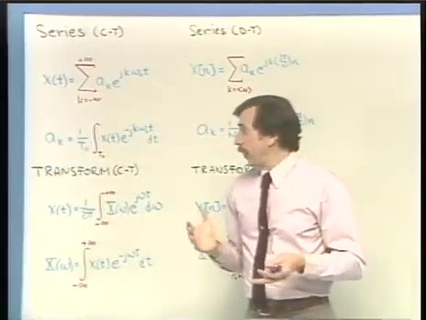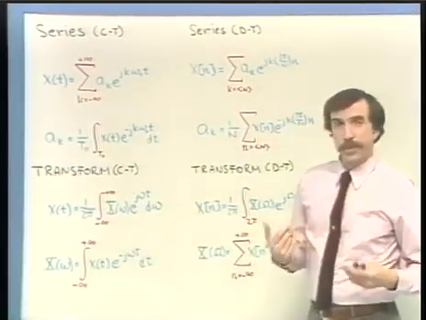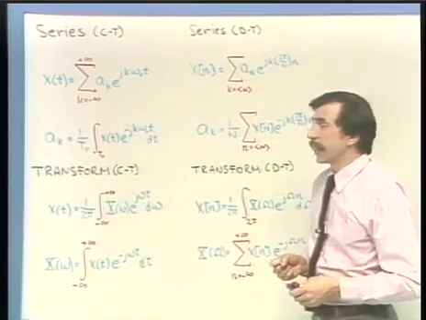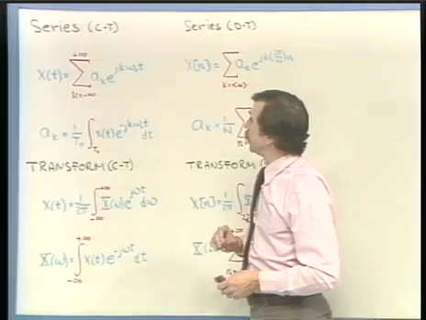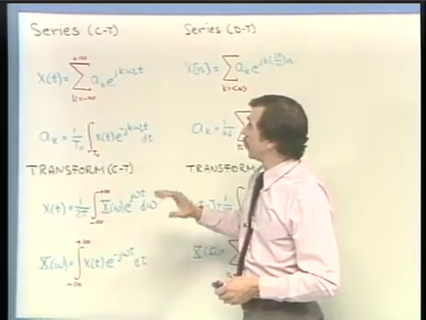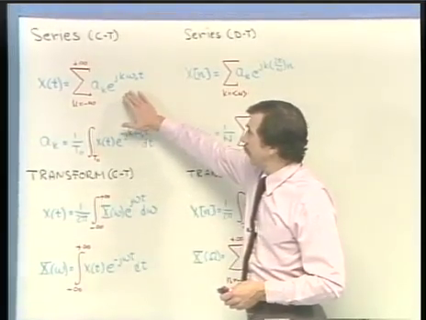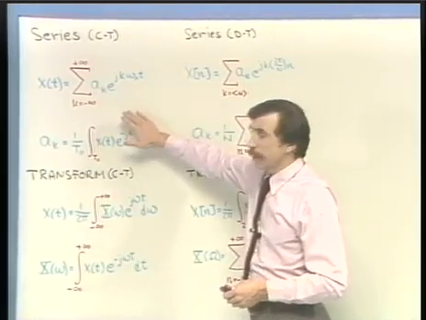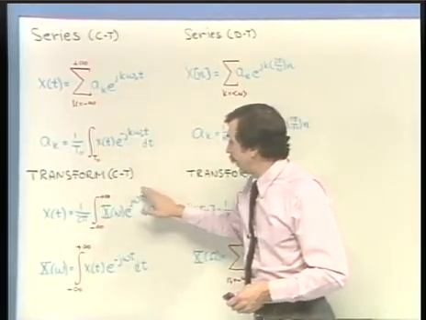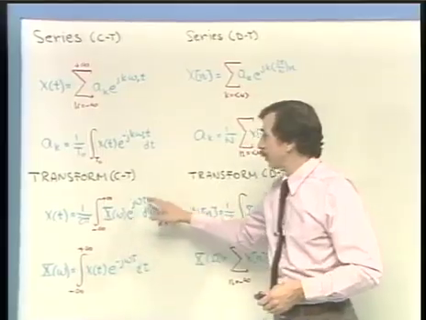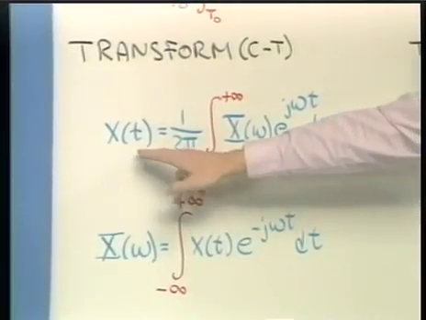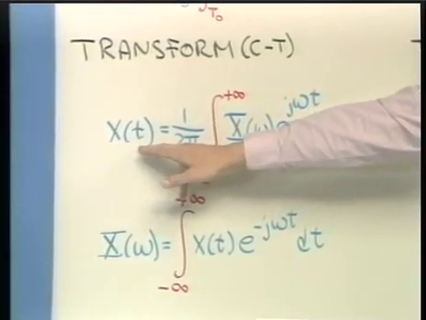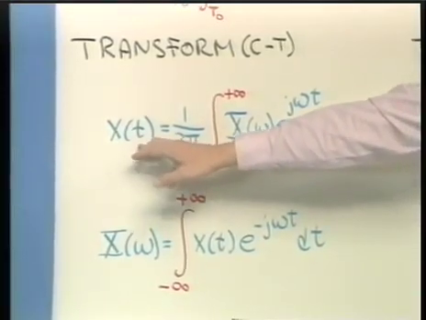We had then generalized that to the continuous time Fourier transform, and in effect in doing that, the synthesis equation in the Fourier series became an integral relationship in the Fourier transform, and we now have a continuous time function which is no longer periodic.